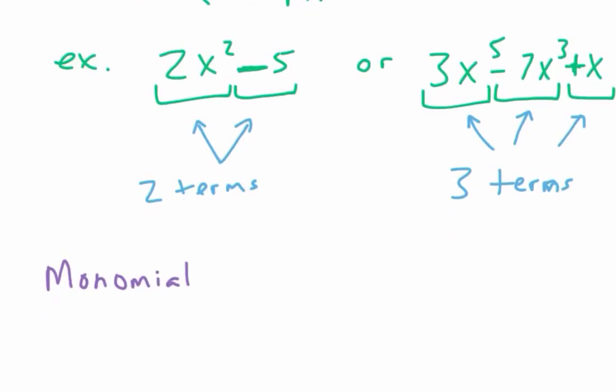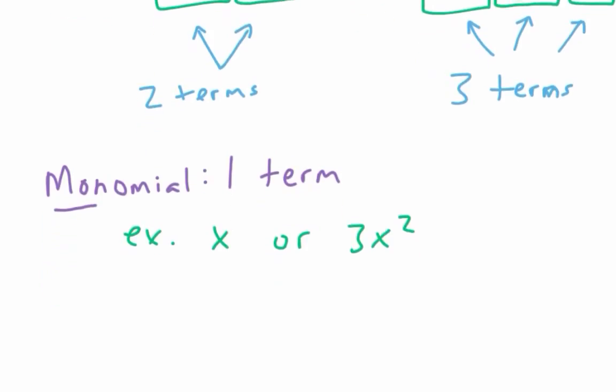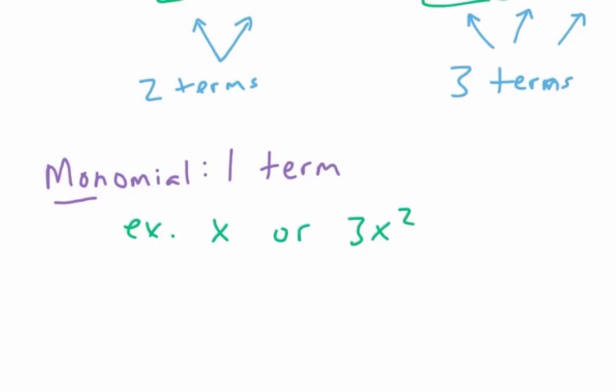If we have something that just has one term, one clump, we call it a monomial. My examples for that would be x, or maybe 3x squared. It just has one clump. There shouldn't be a plus or a minus inside it, unless you're saying something like a negative x squared.